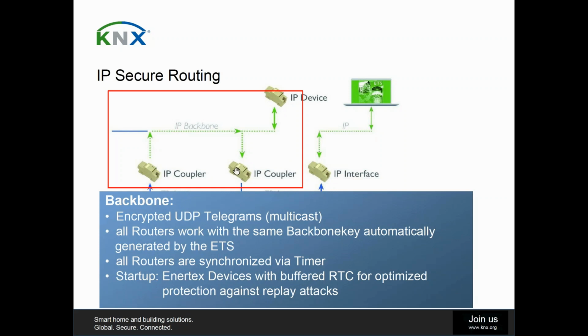And that of course also means our IP couplers all have the same backbone key for the communication. And this backbone key normally you cannot change. This is done by the ETS and the project, and you won't see it directly. So there's no need for you to change anything. You just click on secure communication, and that's all.